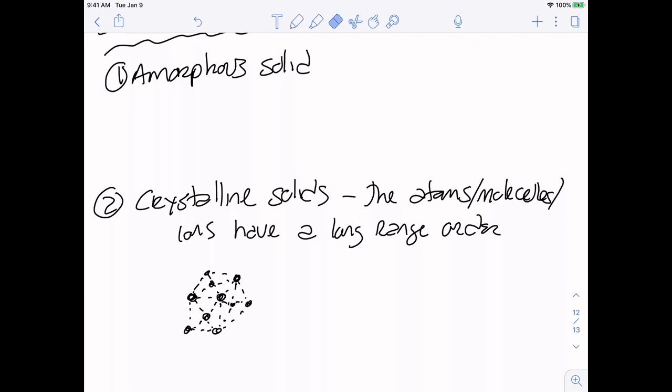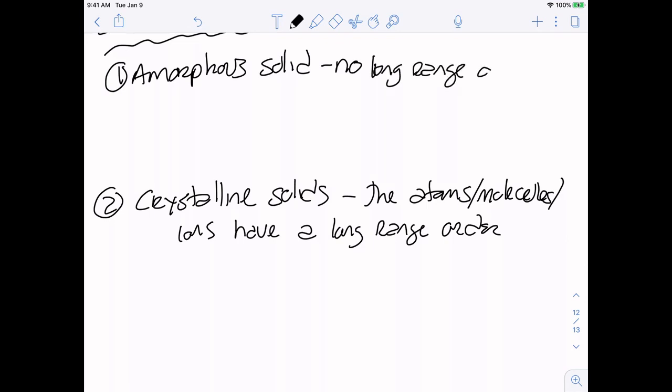Because of that, they tend to have sharp corners, flat edges, and they're pretty well defined. You can actually see the pattern over a long range. If you think of a crystal, like rock crystal, they have sharp edges, and a piece of rock salt also. So sharp edges, flat surfaces, you can actually see it over a long range. Amorphous solids don't have a repeating pattern. So no long range order to its constituent particles, the particles that make it up.